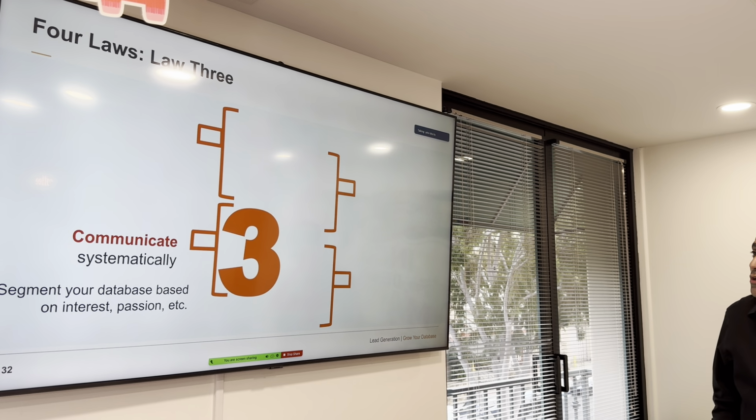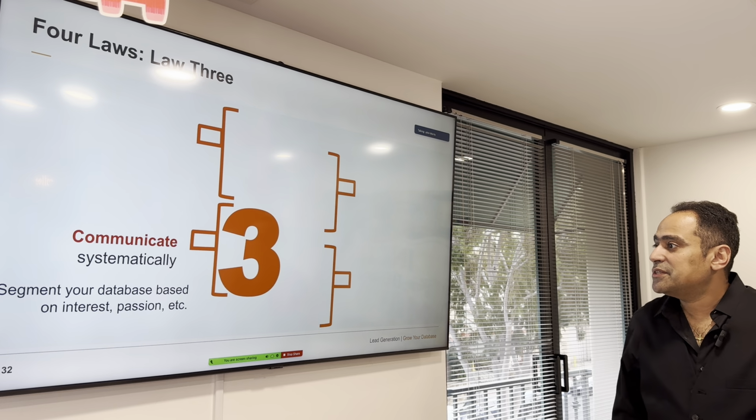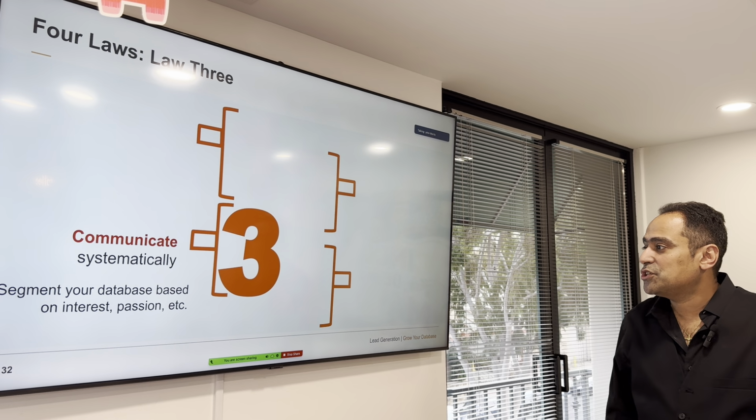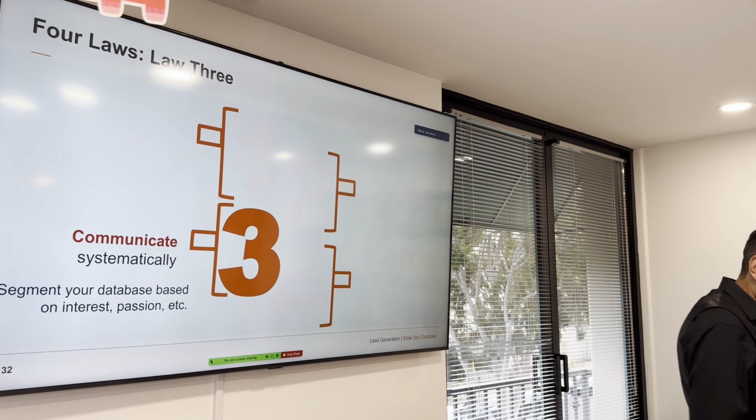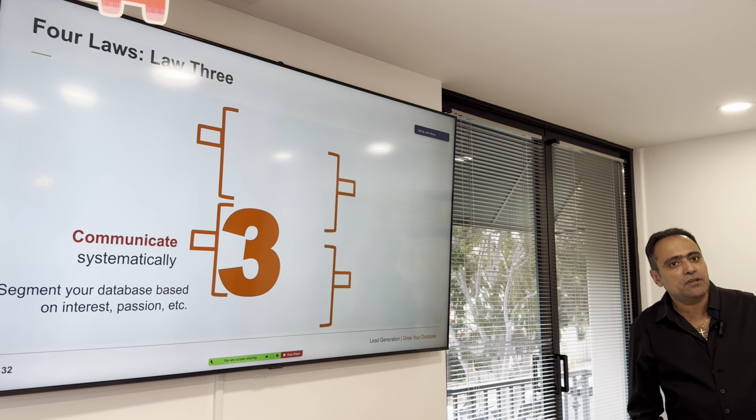Law number 3, communicate systematically. Segment your database on interest, passion, etc. So what does that mean? Remember how we categorized our contacts on our phone before we imported those contacts on command.